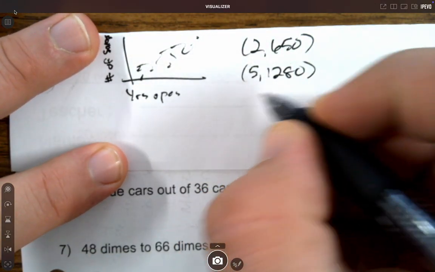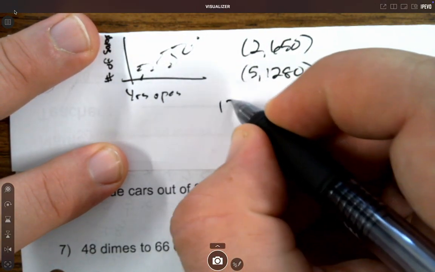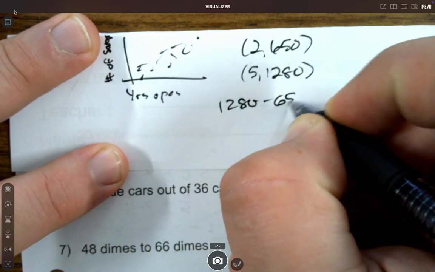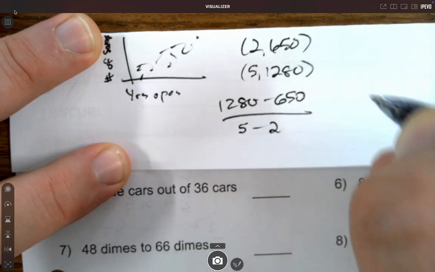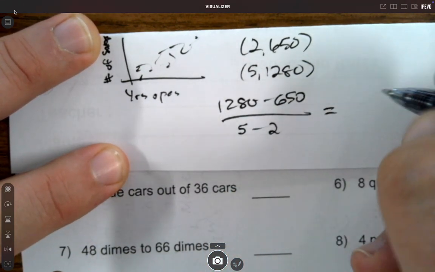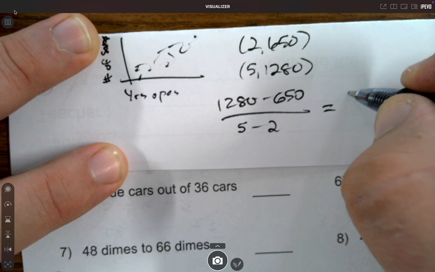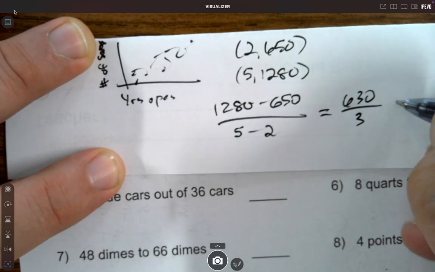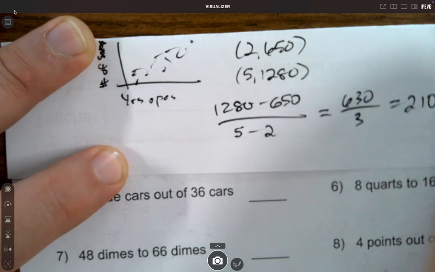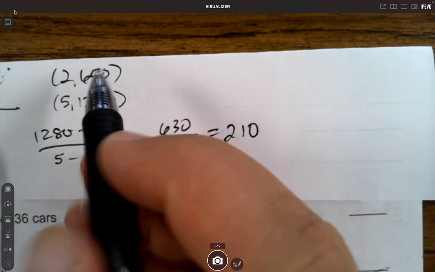We do the slope formula to find the slope, so 1280 minus 650, that's y2 minus y1 over x2 minus x1. So 1280 minus 650 will be 630, and 5 minus 2 is 3, so we get a slope of 210. So then you can pick either of these points.